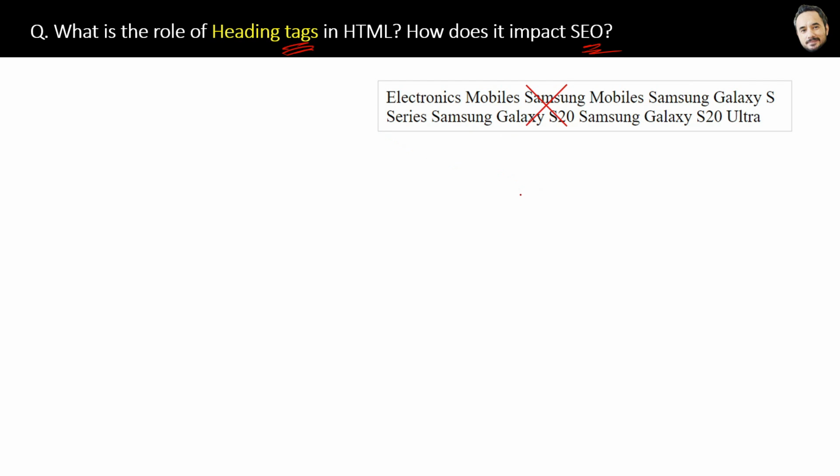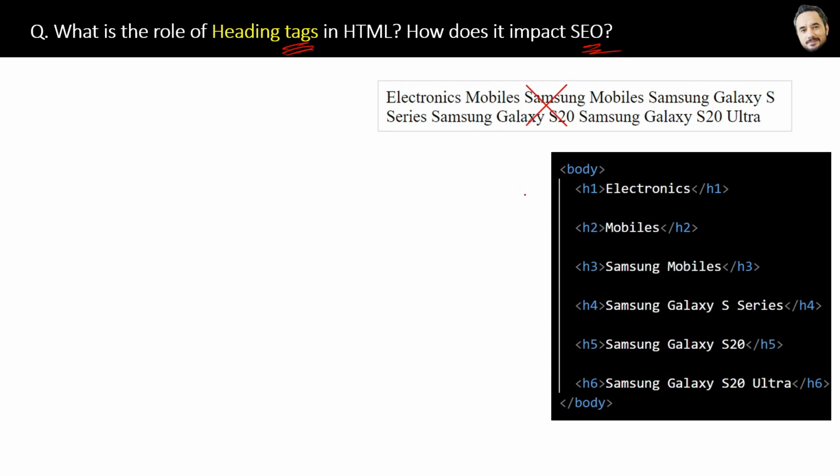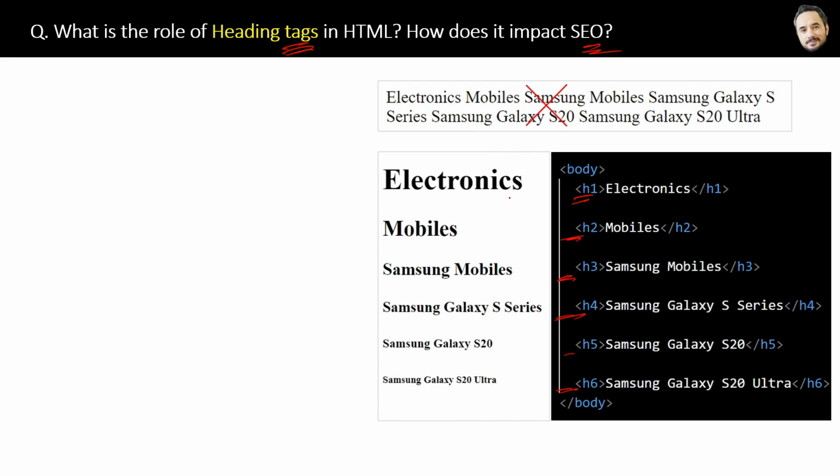Now I will use the header text like this to organize the same text using H1, H2, H3 and up to H6 tags. And the output will be something like this in the browser. You can see now that it is well organized and you can understand the hierarchy, right? In e-commerce applications like Amazon, we also have a similar kind of categorization.